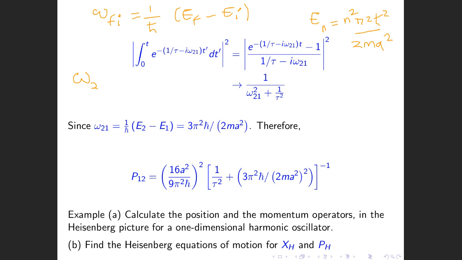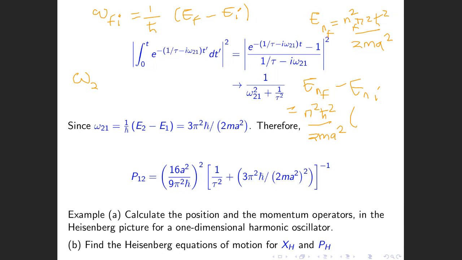So E n final minus E n initial, you can factor out pi squared h bar squared over 2m a squared, and the energy just depends on the squares.